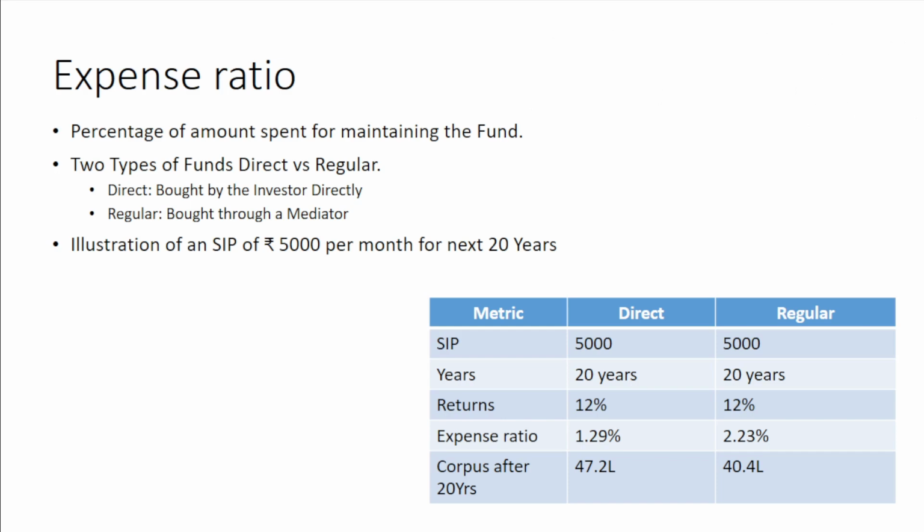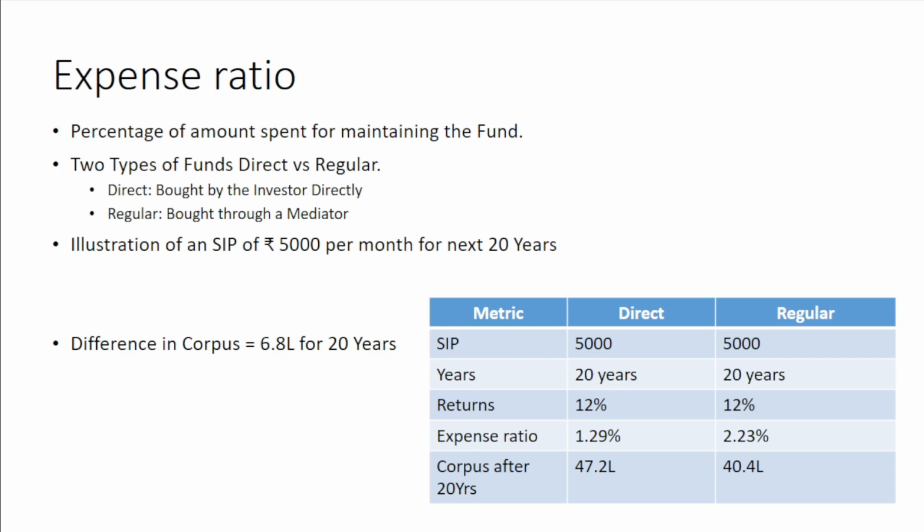And if you see the corpus that is created, if you take a direct mutual fund, you would have saved around 47.2 lakhs. And if you go for a regular mutual fund, the corpus that is created is somewhere close to 40.4 lakh. So what is the difference? There is a difference of around 6.8 lakh over 20 years.